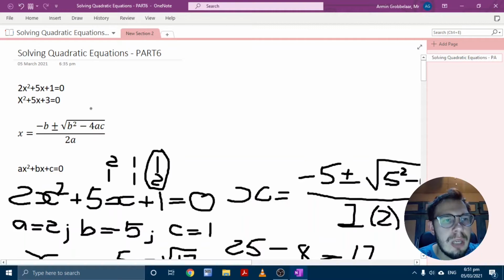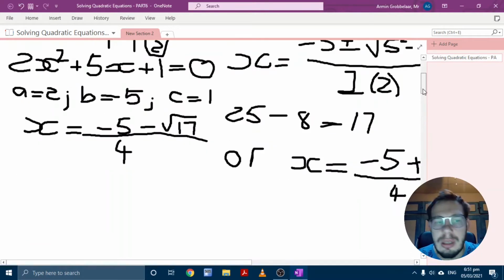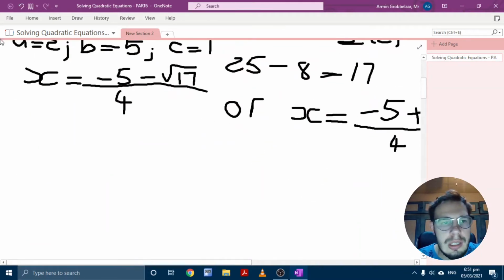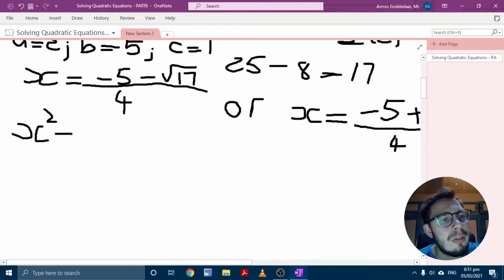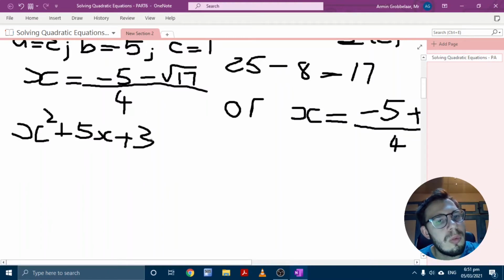So now I'm going to start with the second question, which is x squared plus 5x plus 3 is equal to 0.